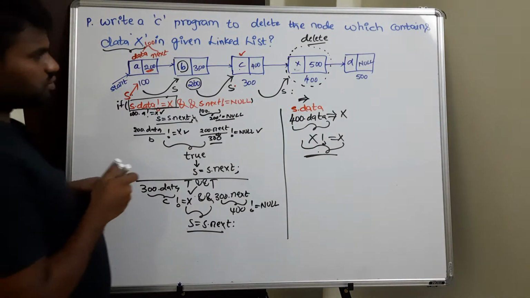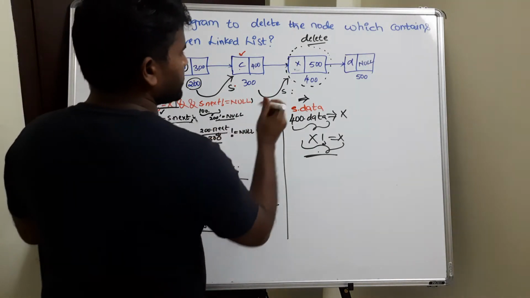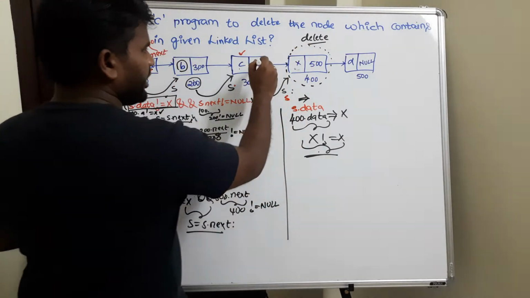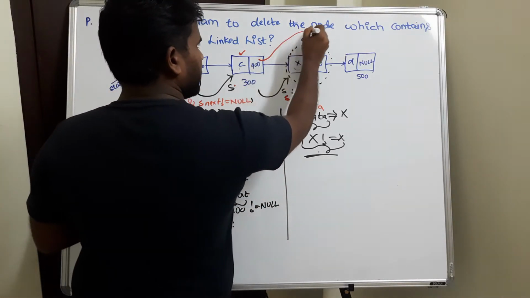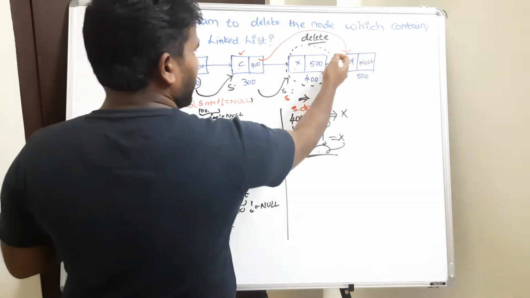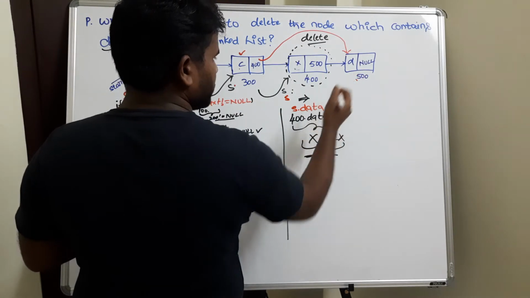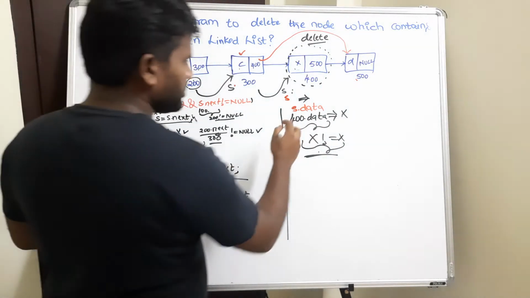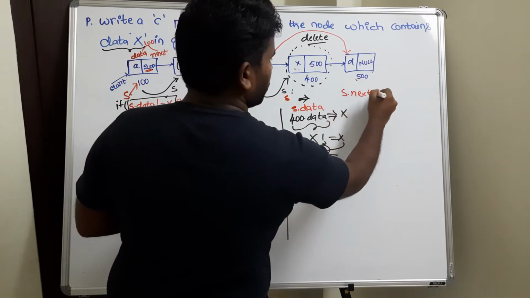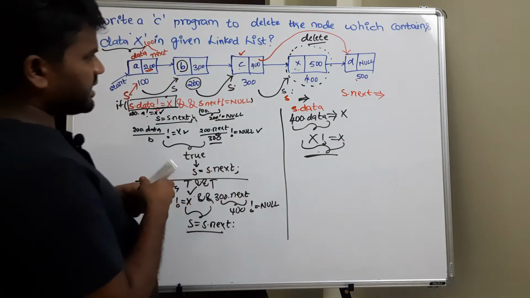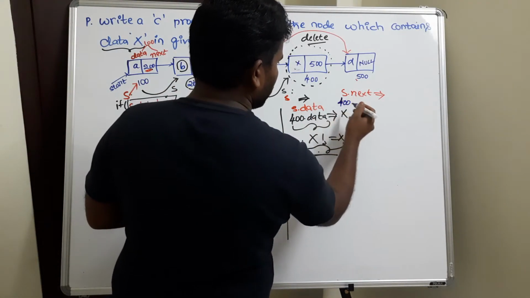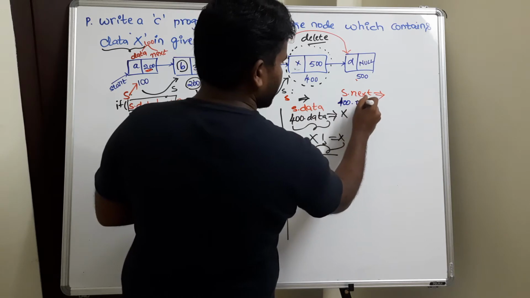So how can we delete this node? Already we are here, so to delete this node we need to link the previous node to the next one. We have this address. How can we get that address? S dot next. What is s? S is 400 now. What is next?